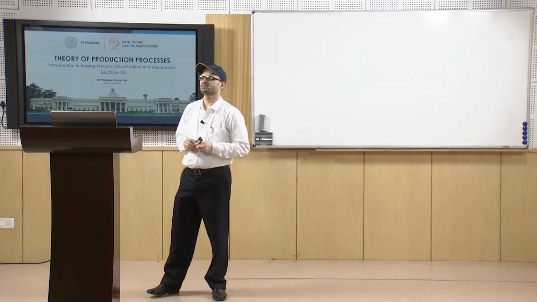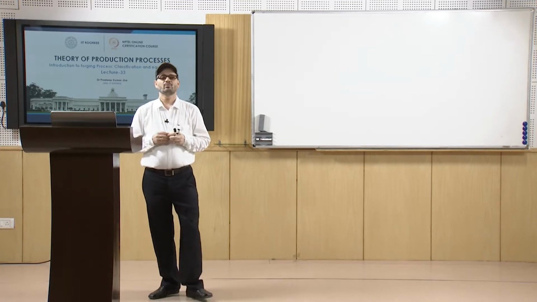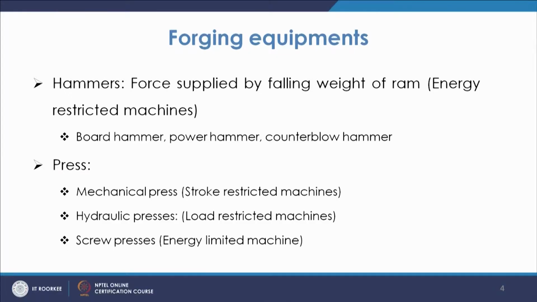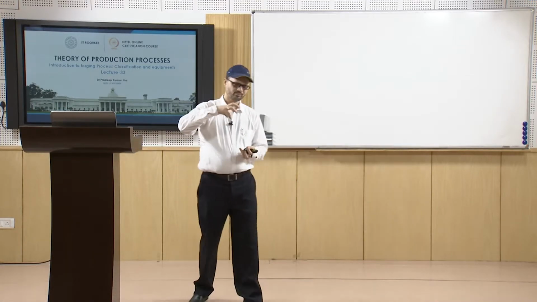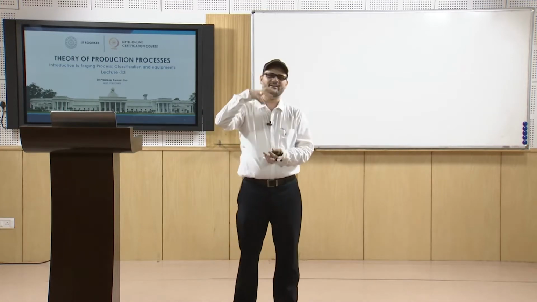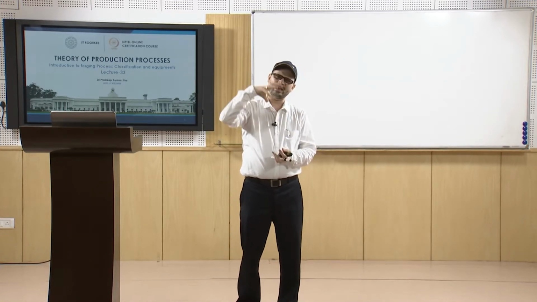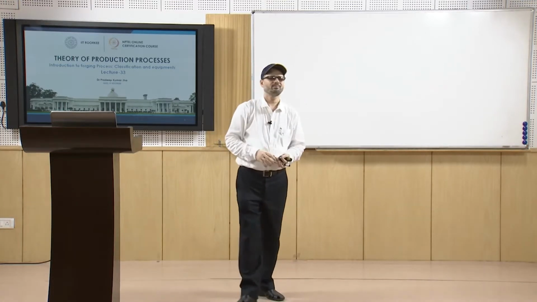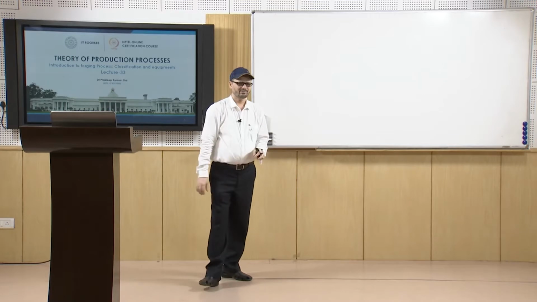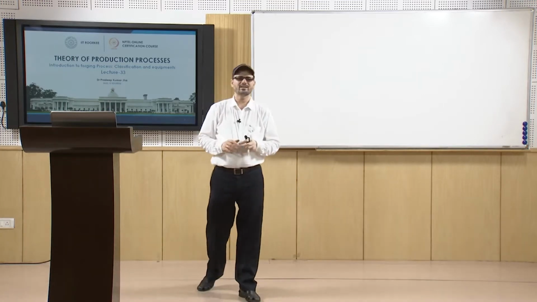As we discussed, one is forging hammers and another is forging presses. In the case of forging hammers, as the name suggests, you have a hammering action. You have something like a ram which acts as a hammer, and it comes and hits the job which is kept on the lower die surface.